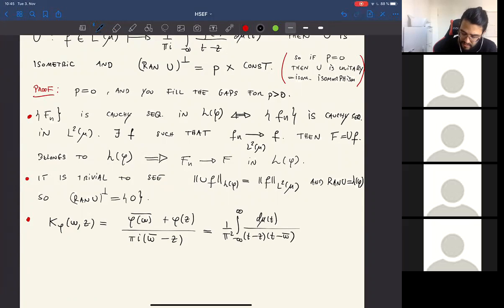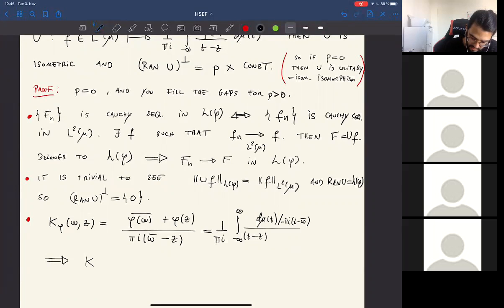You can just rewrite this in another way. You just erase this and you put 1 over pi i, and then you take this guy out and put it here, and then you put minus pi i (t minus w bar). That's the same thing.